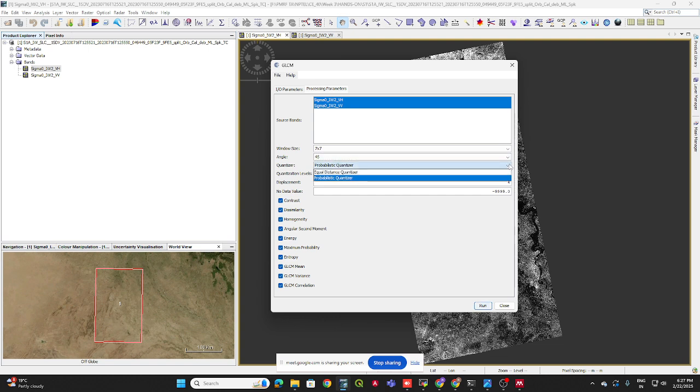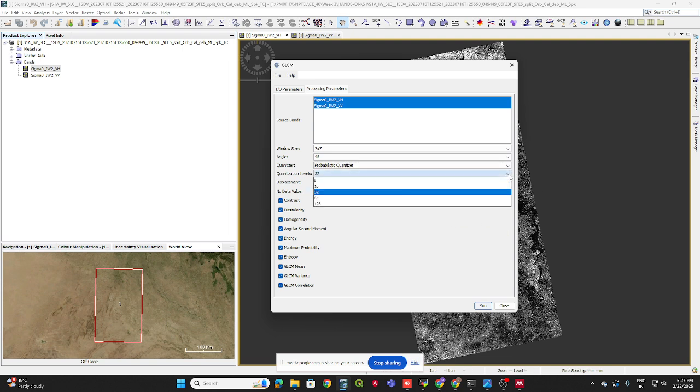Quantizer, we already studied all this. Equal distance or probabilistic? Probabilistic is always better. Then 32 or 64 levels, and this is the no data value. Now these are the parameters we can calculate in one go: contrast, dissimilarity, homogeneity, all this.